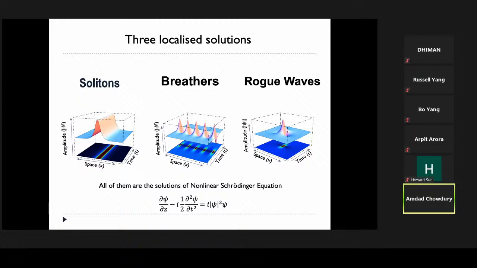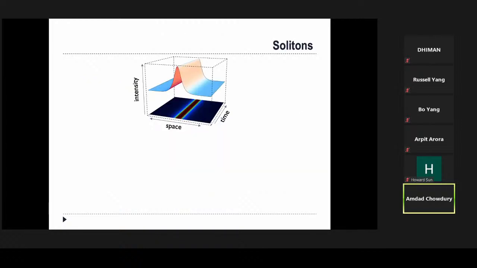I start with the soliton, which looks like this. I'm not sure if you are familiar with solitons and nonlinear waves. If a medium, especially an optical fiber, has nonlinear properties and dispersive properties, usually the dispersive property tries to spread the wave, whereas the nonlinear property tries to hold the wave.